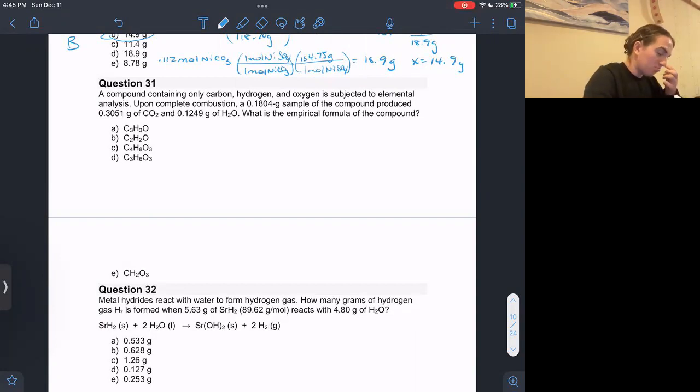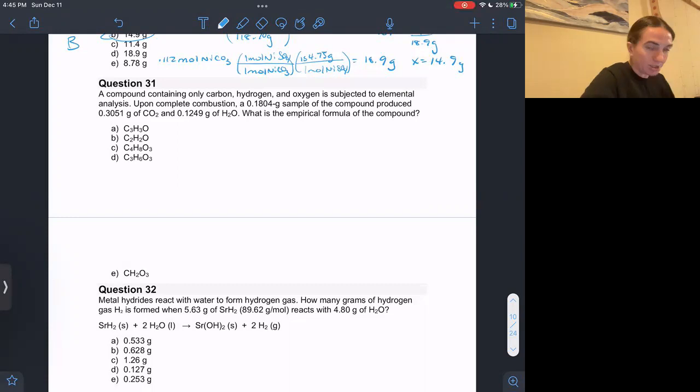Okay. So this is going to be combustion analysis. It's CH and O, and so I automatically know this is going to be a lot of math. So if I was during the exam and I was getting tired, I might come back to this a little bit later. For the sake of this, I'll just keep going as it is. But I first know that I have grams of carbon dioxide and grams of water.